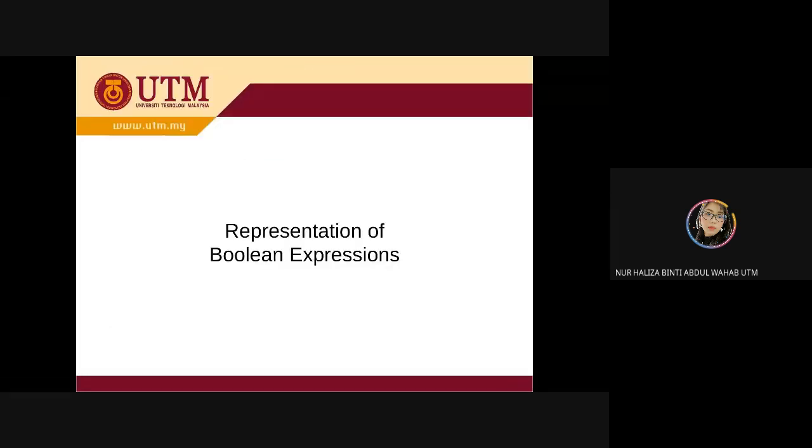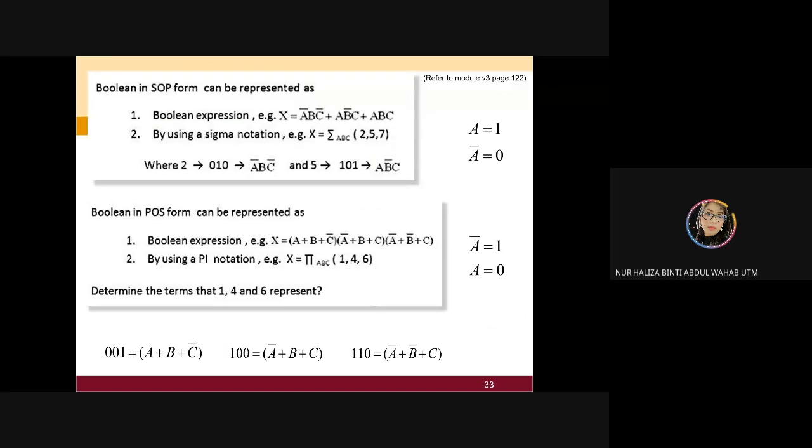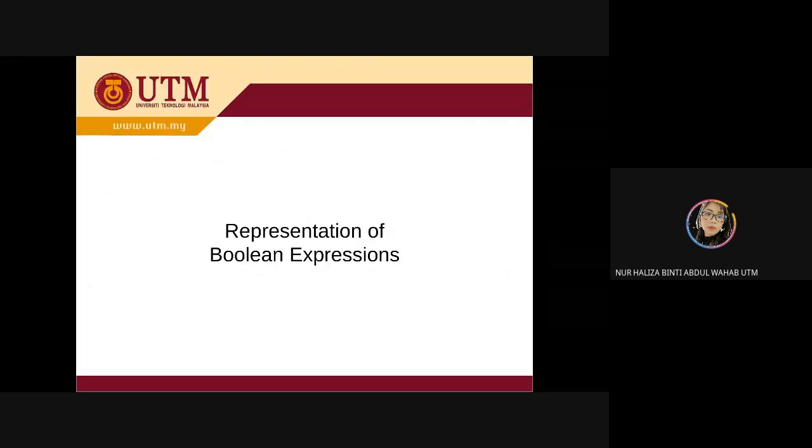Next, representations of Boolean expression. There are several ways. As mentioned, a programmer is very lazy.